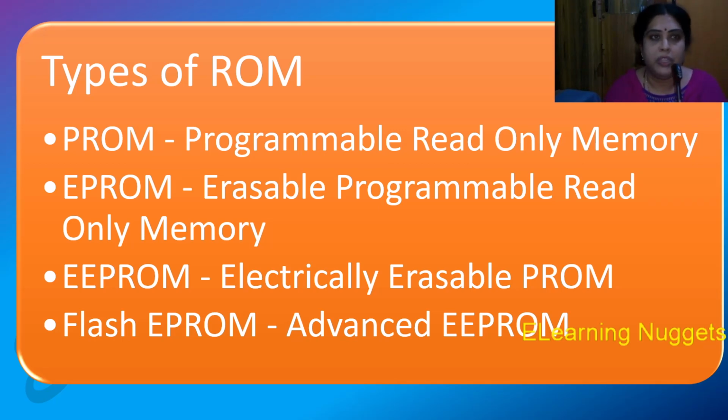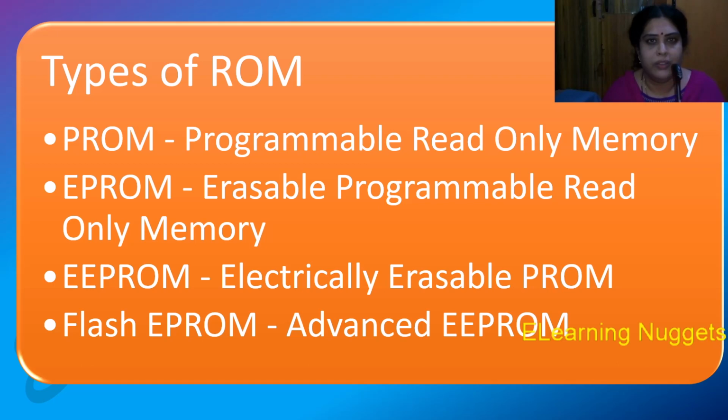Now a further development happened in EPROM, where you can use the UV light to erase this and then write the particular instructions. In EEPROM, here also, once the ROM instructions are written, they can be erased and it will be written electrically, not using the UV light.